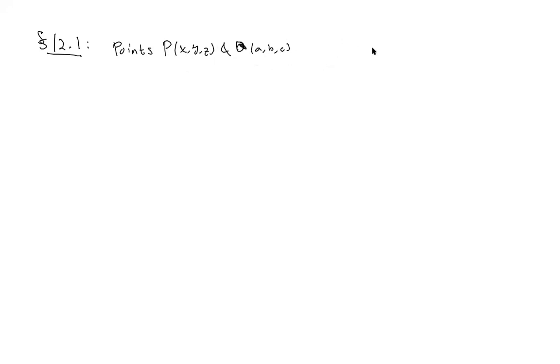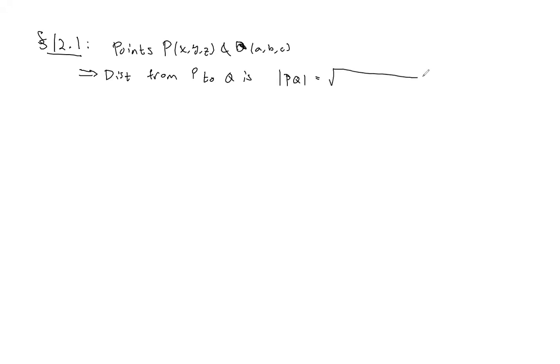So if you have all that, then the distance from your point P to your point Q, we write this as the distance from P to Q is PQ with these little bars around it.